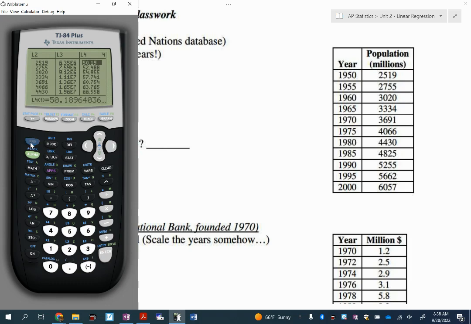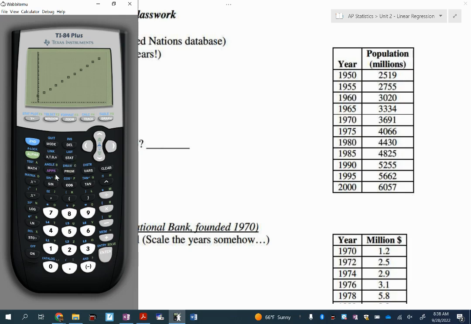Now let's check the scatter plot. Now I'm doing list 4, which is second number 4, hit graph, and then zoom 9. That actually looks like I made it even more linear, so I feel good about this.